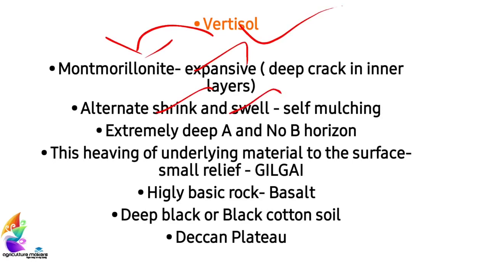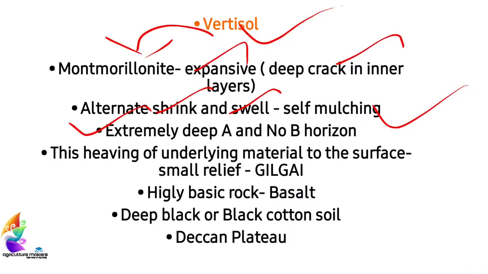This causes deep cracks in the inner layers of this soil order. Added to this, alternate shrinking and swelling causes self-mulching, where the soil material consistently mixes itself, causing the vertisol to have an extremely deep A horizon and no B horizon.